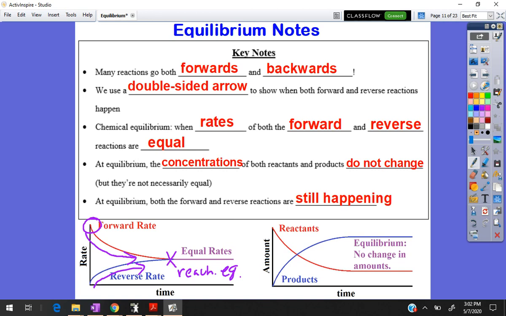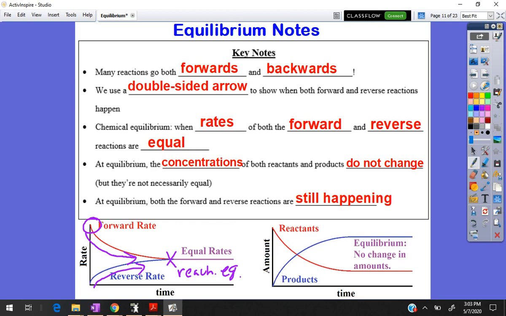So the rate of the forward reaction slows down over time because there are fewer reactants colliding with each other to form products. Meanwhile, there is a buildup of products that can also collide with each other. If products collide with each other, they can break the molecules apart and form new bonds, resulting in the reverse reaction. So for that reason, you see an increase in the reverse rate of the reaction. Again, when they become equal is when we hit equilibrium.